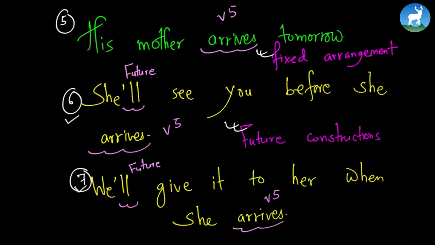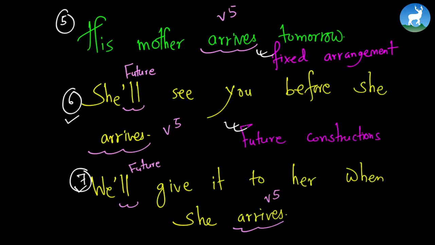Now we've learned around 6 different uses of present tense. Let's revise them quickly. We use simple present tense for habits, for repeated actions or events, for general truths, for instructions or directions, for fixed arrangements, and finally with future construction.